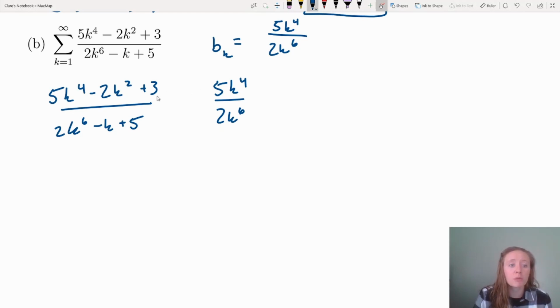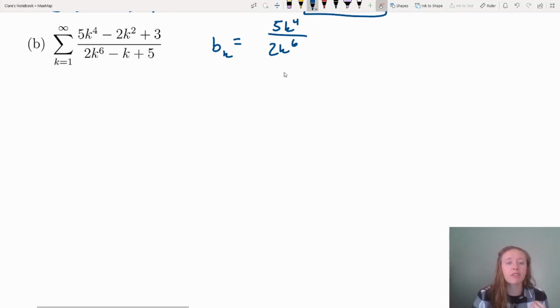Well, first of all, my numerators aren't the same, so this numerator is actually going to be smaller than this numerator, and my denominator is also going to be smaller, which makes it seem like the overall fraction is going to be bigger, but then there's this issue with the numerator being smaller. It just gets really messy. So this is a good case of just to jump straight into the limit comparison test and not even think about the comparison test, because there's not an easy way to compare it.